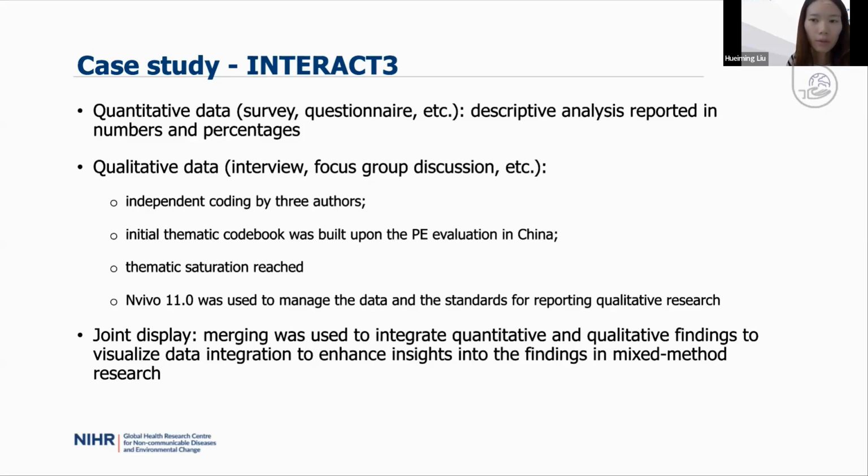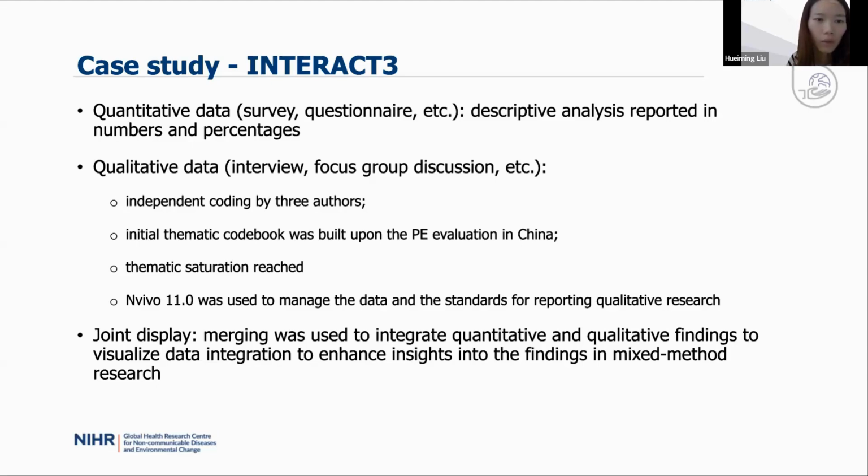We used descriptive analysis, which reported, for example, the number of participants and the percentage of each of the site characteristics, such as whether they are tertiary hospitals, or how many of them participate through the neurological department or emergency department.